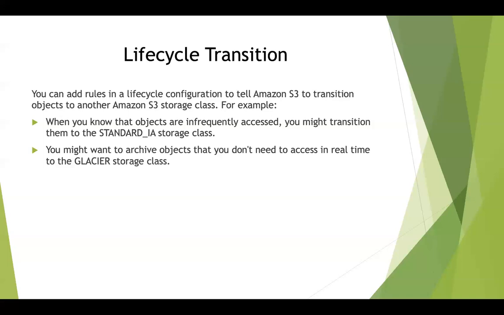You don't want those objects to keep lying in the S3 Standard storage class where you're paying a higher fee and not even accessing them. At that point, you would like to move them to an archival solution, which is Glacier. That is described in the second point. You might want to archive objects that you don't access in real time, meaning not frequently, so we can transition those objects to the Glacier storage class.